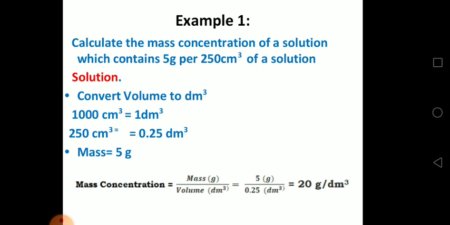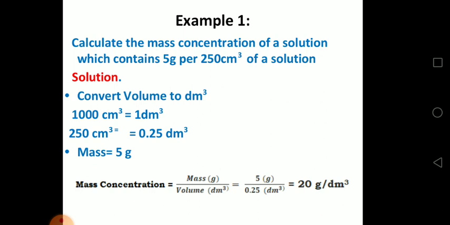So if you are converting from cm cube to dm cube, you simply divide by 1000, and here the volume is 0.25 dm cube. The mass of the solute here is 5 grams. So to calculate the mass concentration, we take the mass in gram all over volume in dm cube, as we can see.